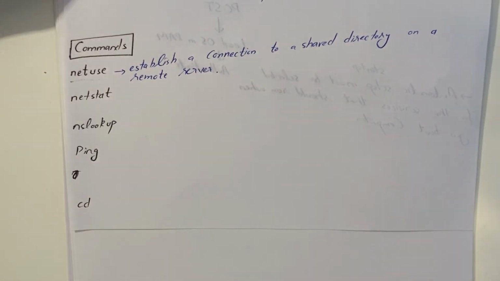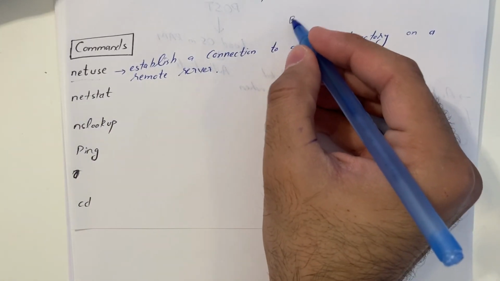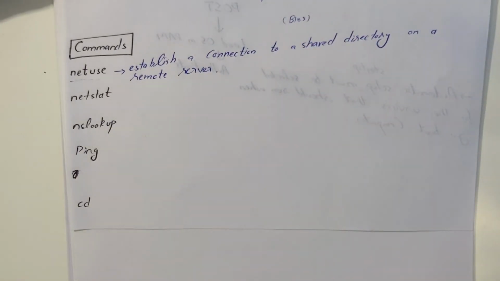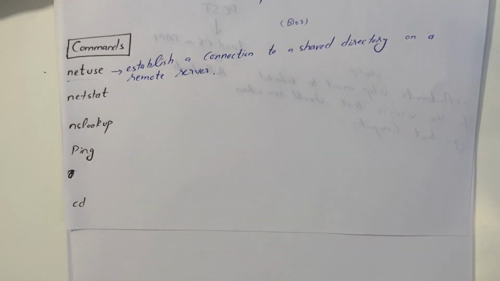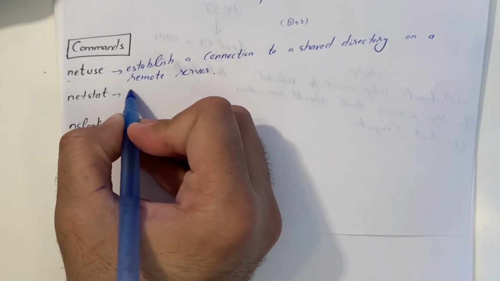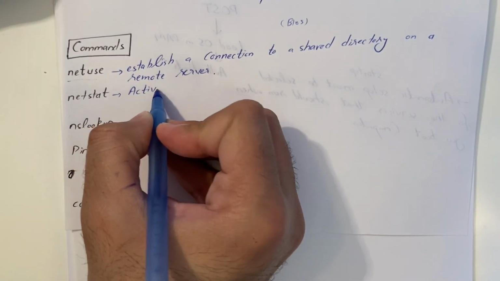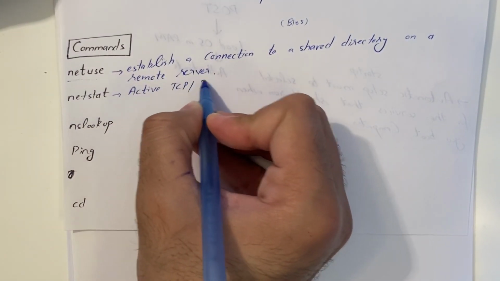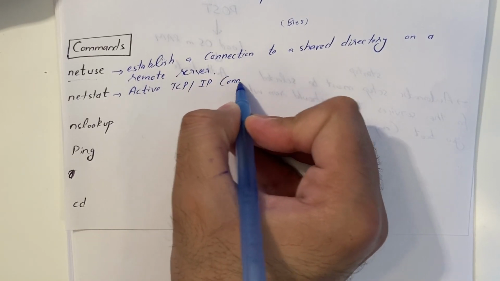So if you want to make a direct connection, for example, they use netuse command, find the computer whose NetBIOS ports are open, like 137, 139, 143, and then they use netuse and establish a connection with their hard drive, okay? Netstat, we use this command to see active TCP/IP connections.